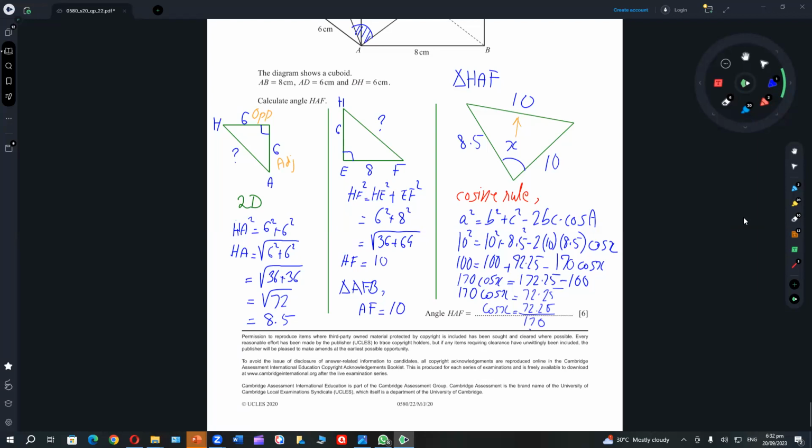Wait, sir, I have one question. How is it minus? It's 72.25 minus 100. The formula is b squared plus c squared minus 2bc cos A. There is a minus sign in the formula. Okay, there is a minus sign in the formula.